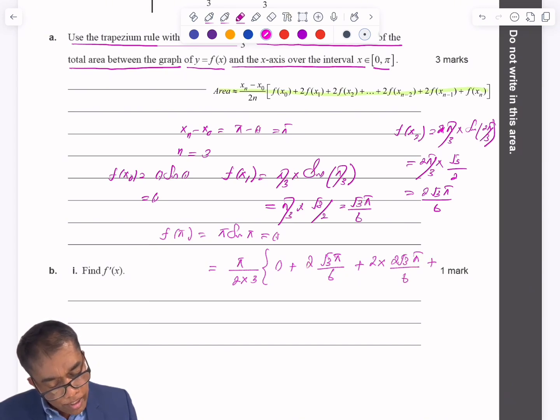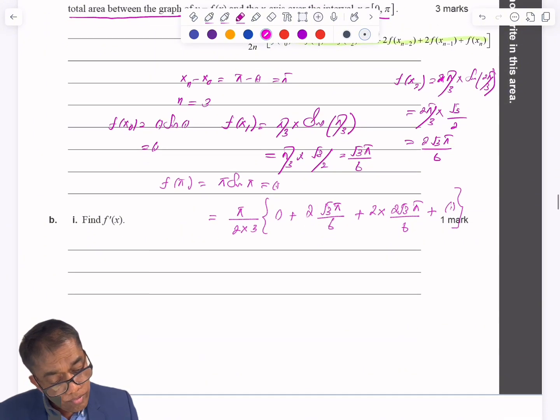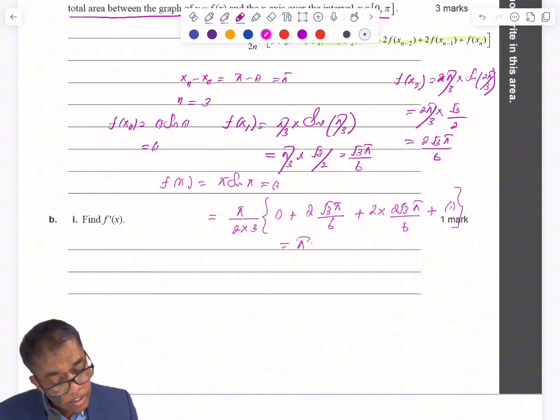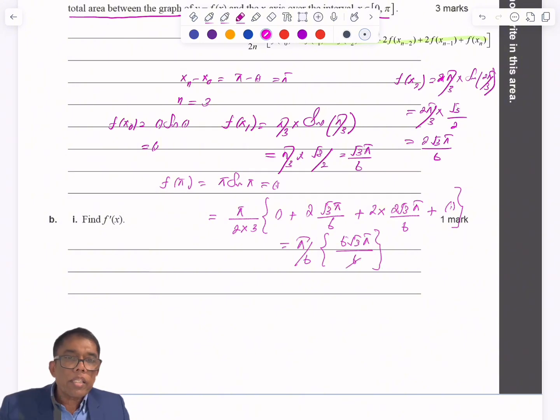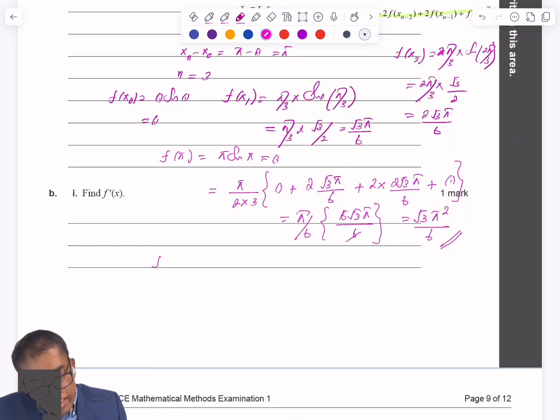That gives pi over 6 times 6 root 3 pi over 6. The 6 and 6 get cancelled. Root 3 pi squared over 6. This is the answer.